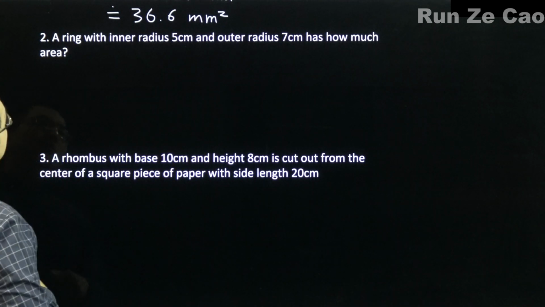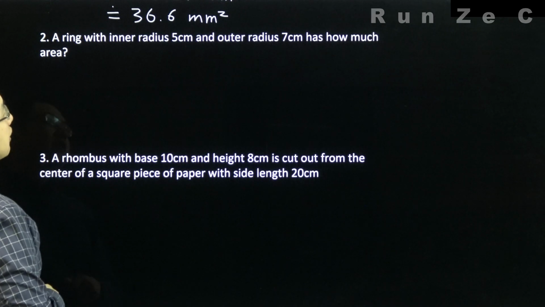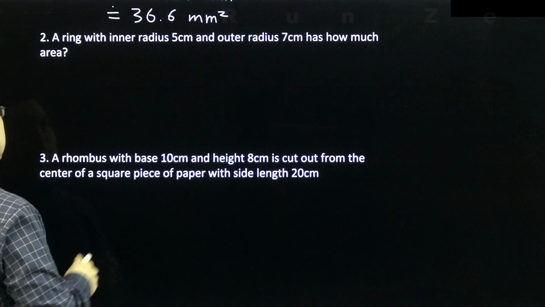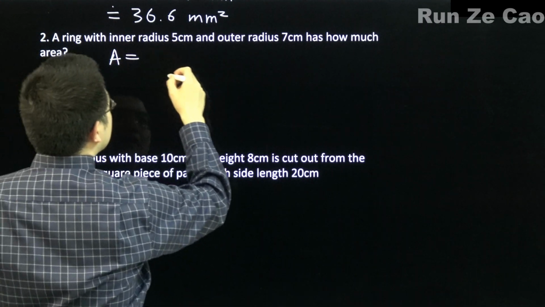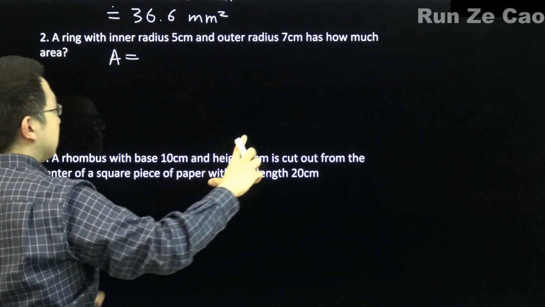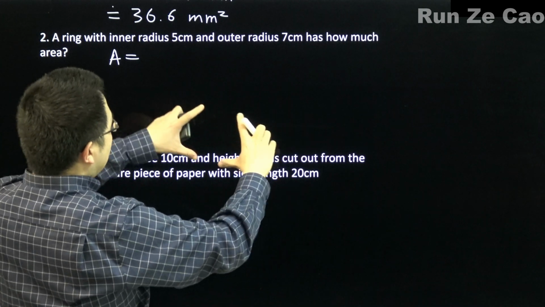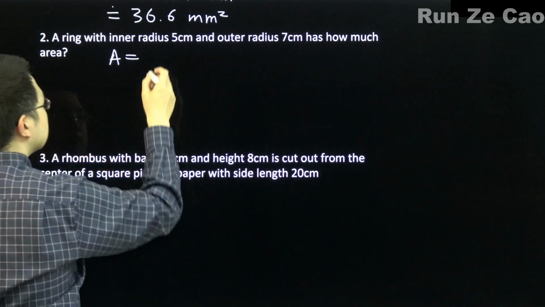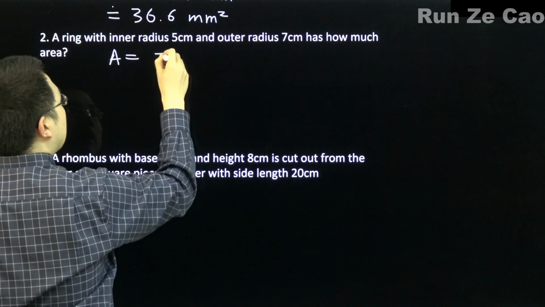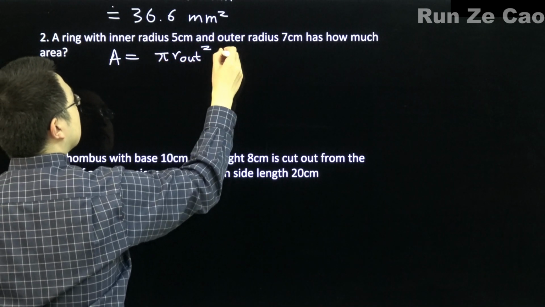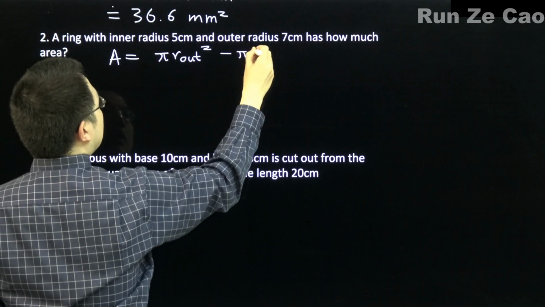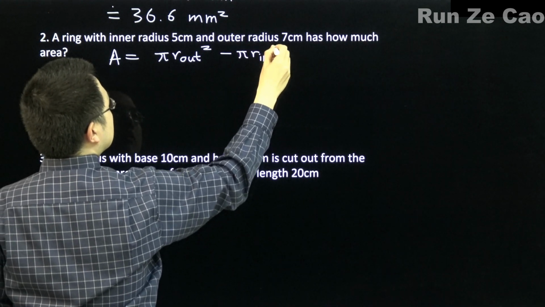A ring with inner radius 5 centimeters and outer radius 7 centimeters has how much area? Well, you have a disk of the outer radius and you subtract the disk in the middle. Pi r out squared minus pi r in squared.